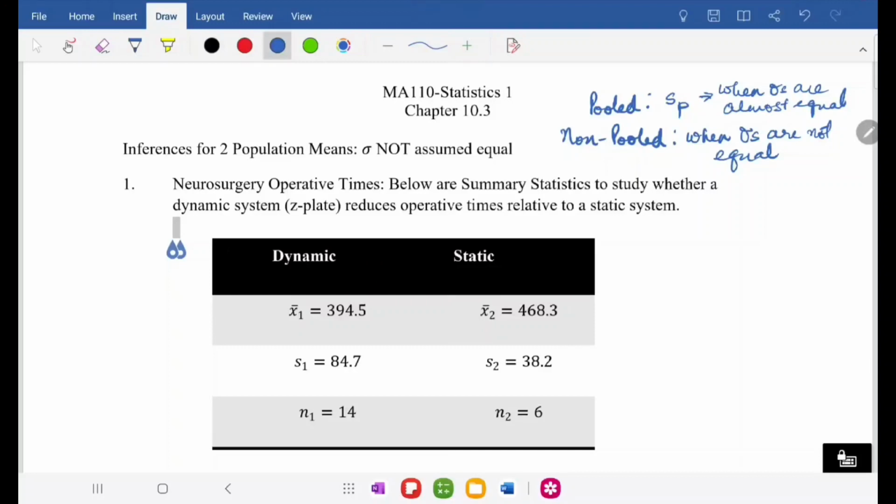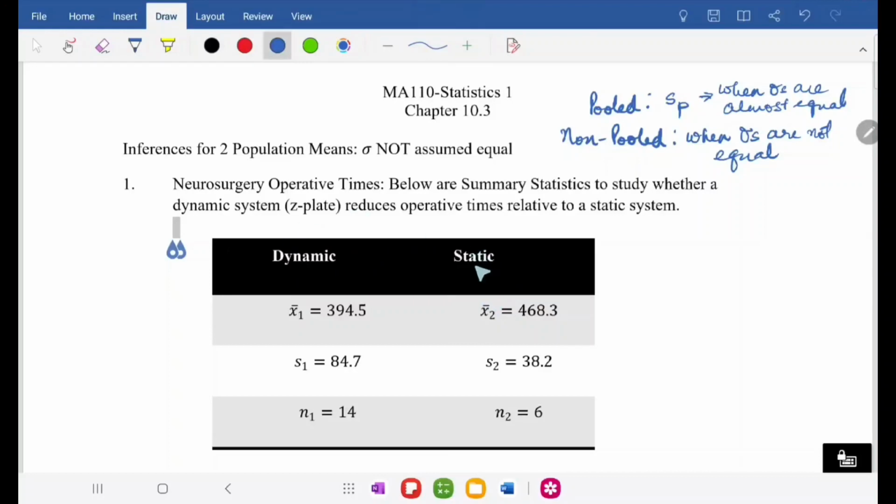All right. So we had talked about this particular problem. It was neurosurgery operative times, which involved comparing the time on neurosurgeries using two different methods. One is the dynamic system using a Z plate, which is, I guess, a more modern approach to performing the surgery, and the other one is the static method.